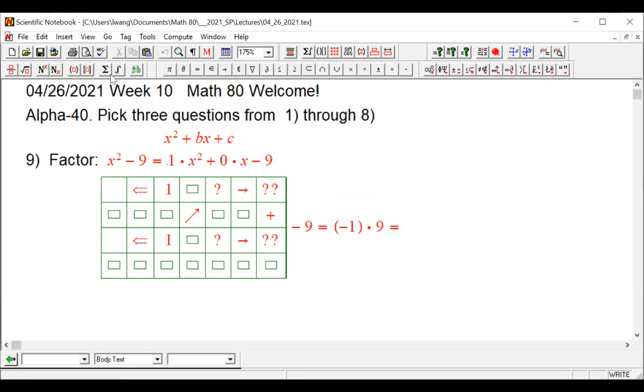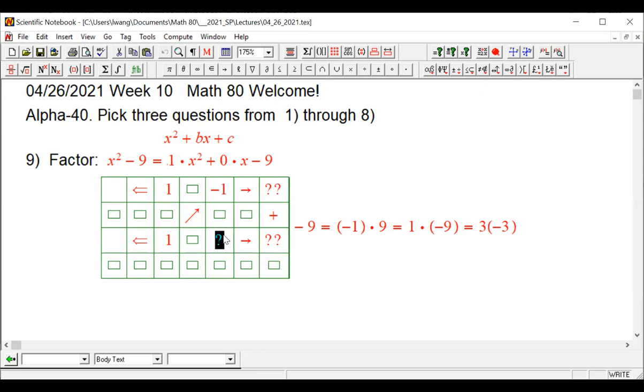It can also be written as 1 times negative 9. It can also be written as 3 times negative 3. Any order you wish. So let's try negative 1 with 9.